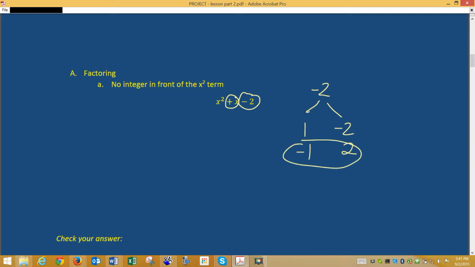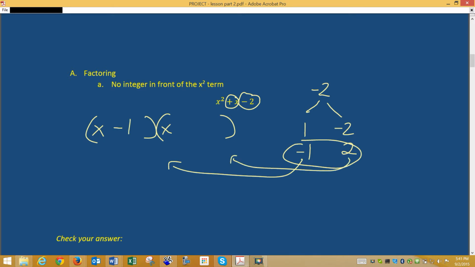Okay, and all we do is we set up 2 sets of brackets, put an x in the front of each, and take these 2 numbers there. So we're going to put a -1 in one and a +2 in the other. So we end up with brackets x minus 1 and x plus 2.